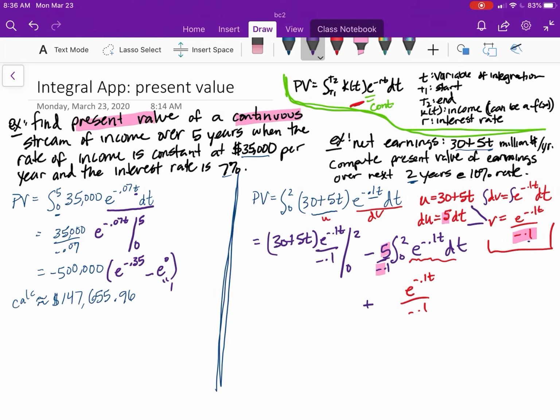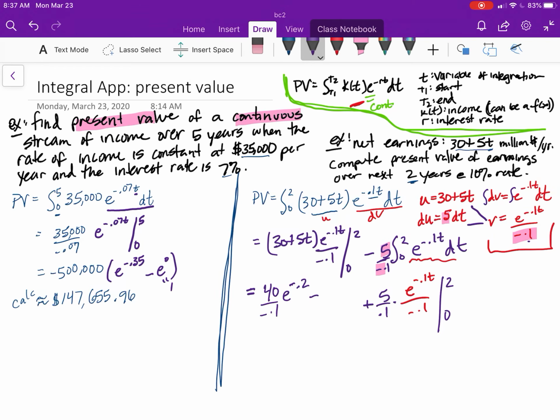That is going to turn out to be, I'll just leave it for now because I see this other 0.1, ranging that from 0 to 2. And on the left here, we need to substitute 2 and we need to substitute 0. So when we substitute 2, we have 30 plus 5 times 2, so it's 40 over negative 0.1, and then e to the negative 2 times 0.1, so e to the negative 0.2.